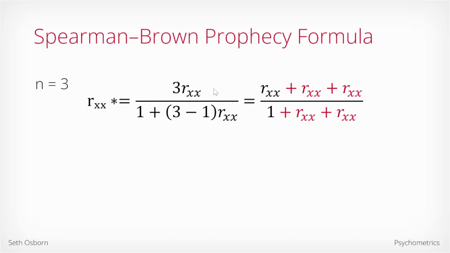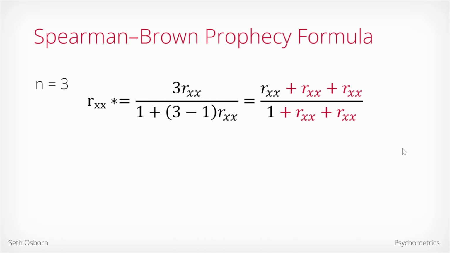For example, multiplying the reliability times 3 is the same thing as adding 3 minus 1, aka 2 more values of the reliability. So we need to add 3 minus 1 equals 2 values of the reliability to the denominator as well, because that's part of the total now. The entire formula actually makes perfect sense when you break it down like this.